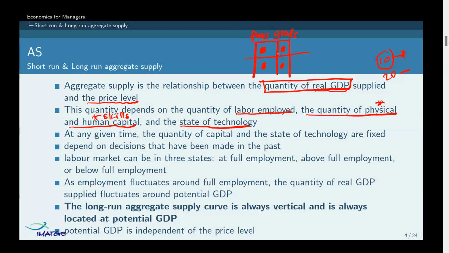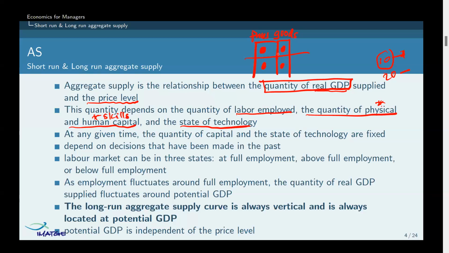Instead of one worker producing 10 units per day, maybe because of training or investment in human capital, they end up doubling the output. This is at a micro level, or at an individual level. But what if that is happening to the entire economy? You can definitely think of the outcome that we can witness.